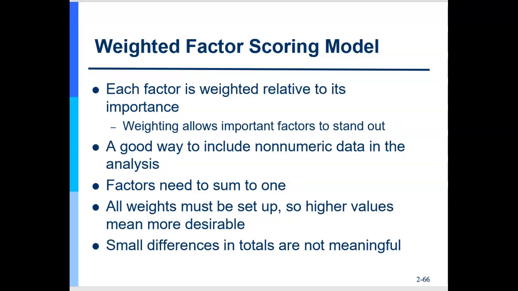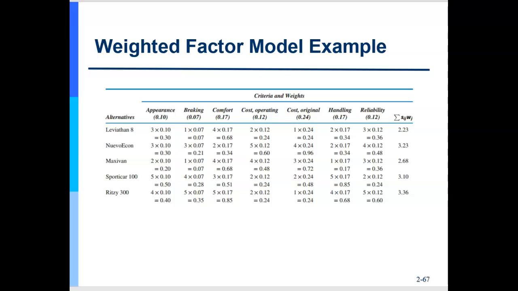Now, the weighted approach, as I said, is a much better approach in my mind, if you can take time to do that. And it's a good way to include non-numeric data because you may weight that differently, but you're still able to include it in your scoring model, right? And so if there are differences in the weights and they're small, it's not meaningful, right? You still get a pretty good direction to go in.